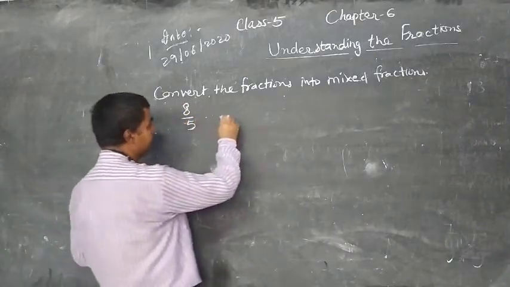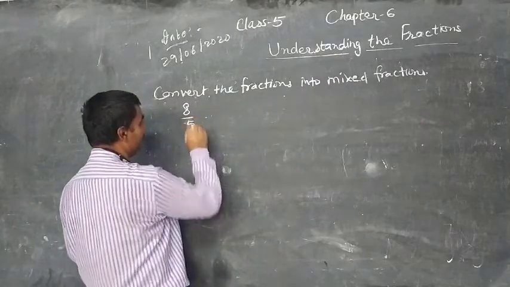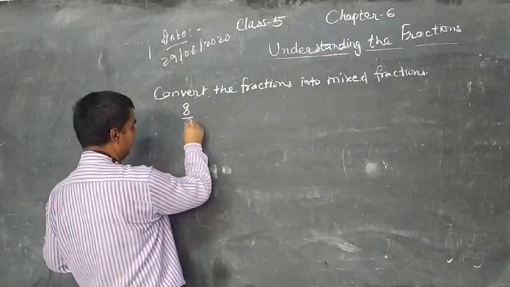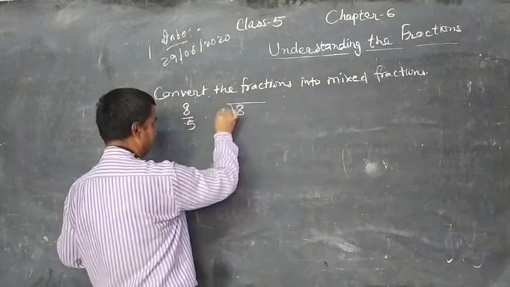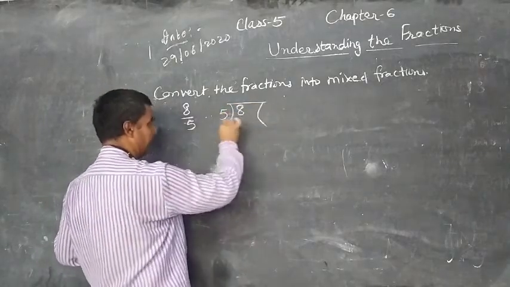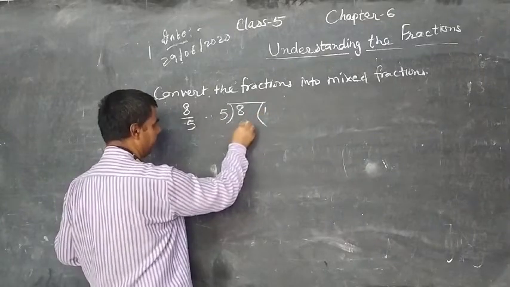How do we convert it into a mixed fraction? We should divide 8 by 5. 5 ones are 5.